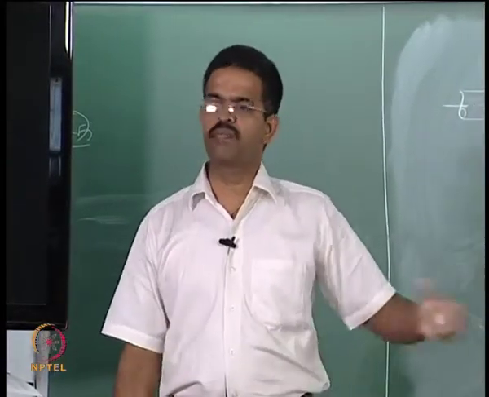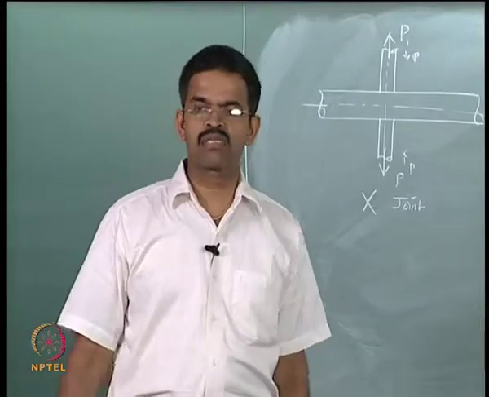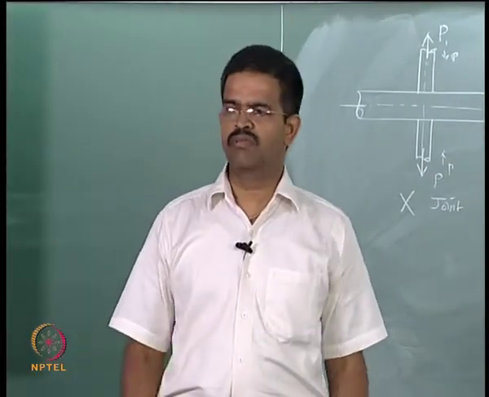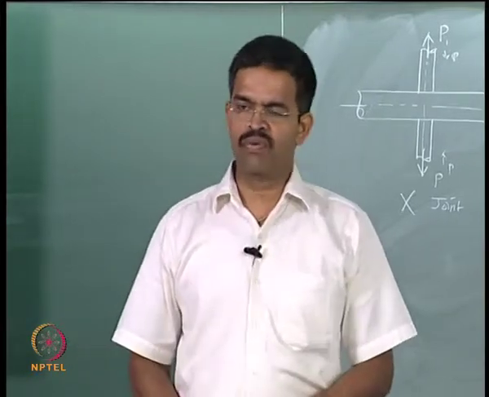Then the fundamentals of impact analysis and discussion of capacity estimates on tubular joints. So we will complete this in the next lecture, and the first module will be completed.